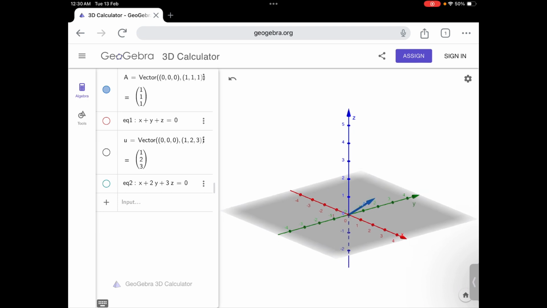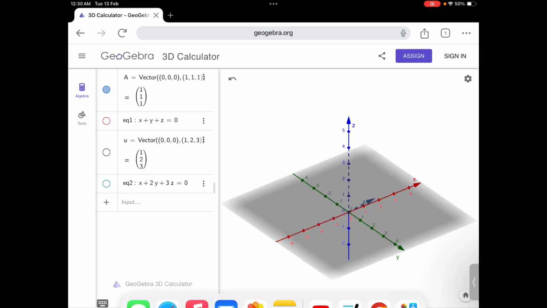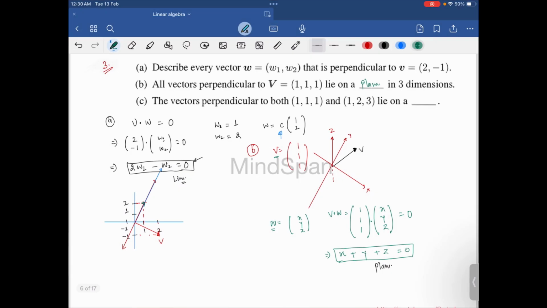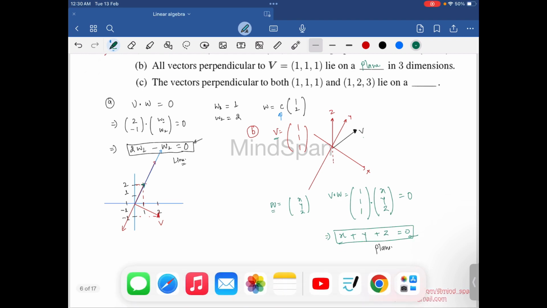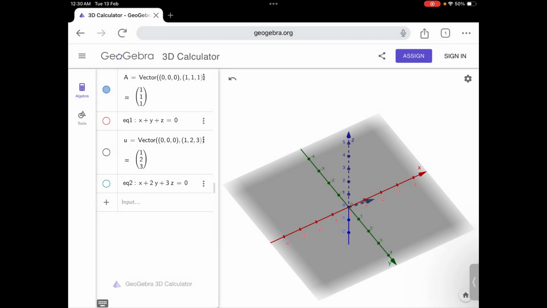And we got this x plus y plus z equals 0, right? So basically what I want to show is this vector v and this plane.